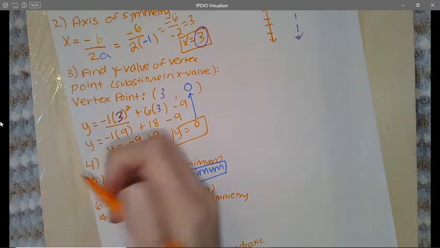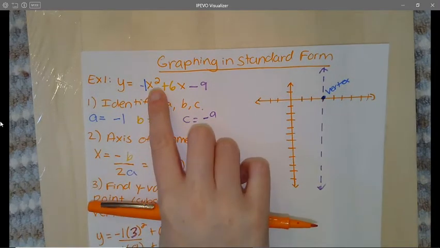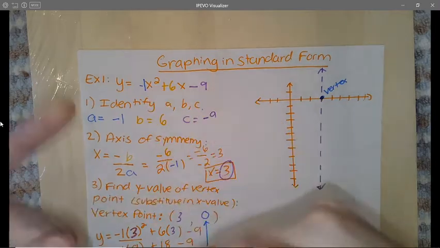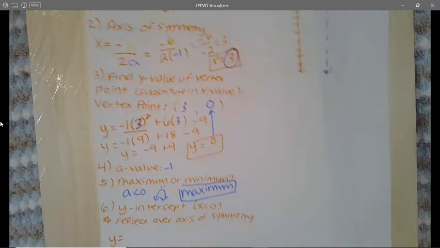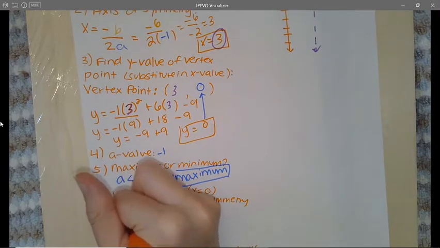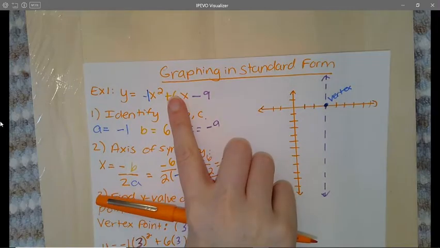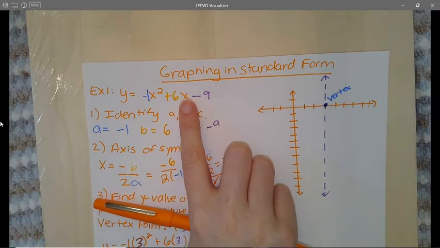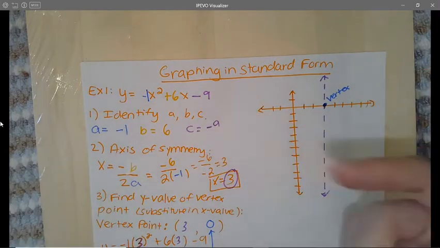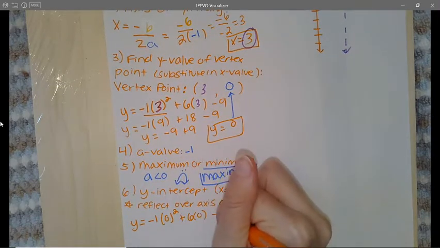We have y equals -1 times x, which this time will transform into a 0. So we have -1 times 0 squared, plus 6 times 0, minus 9.